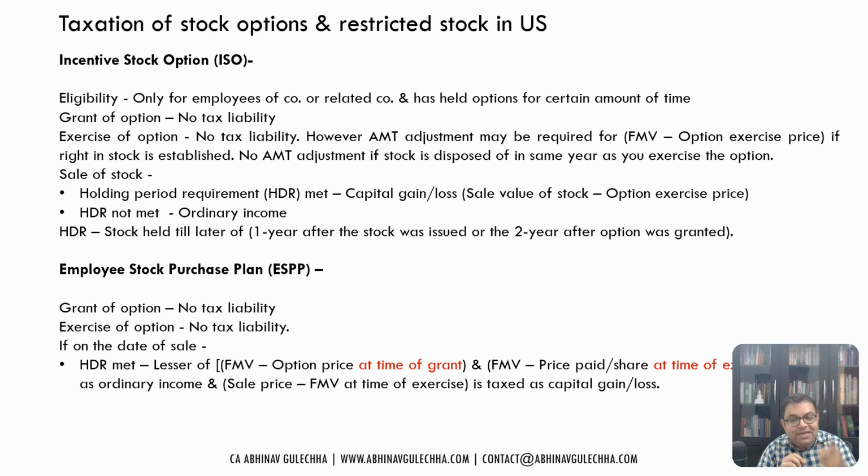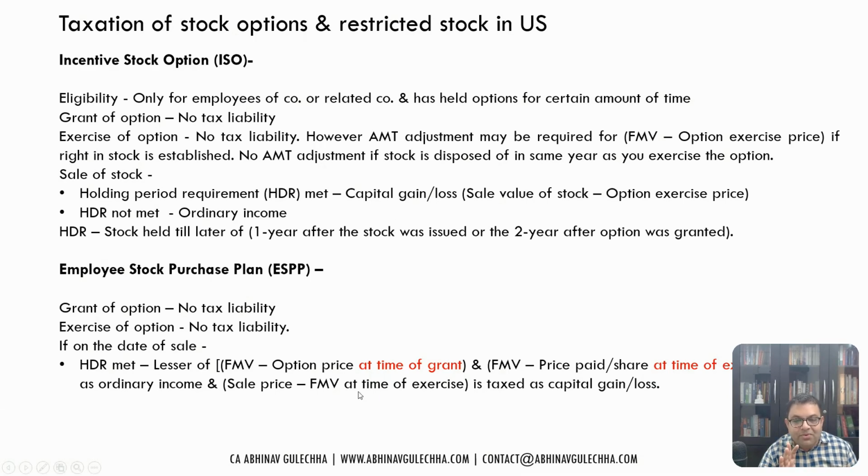The taxation is the lesser of two things: FMV minus option price at the time of grant, or the FMV minus price paid per share at the time of exercise. The lesser of the two is taxed as ordinary income, and sale price minus FMV at the time of exercise is taxed as capital gain or loss. It's complicated.